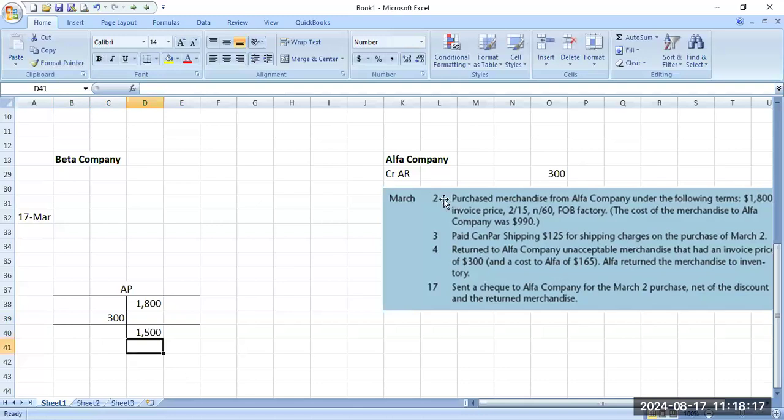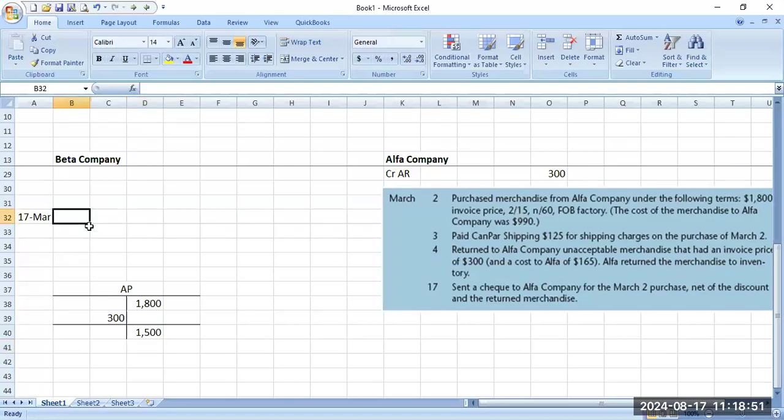Now we made the purchase on March 2nd, and we can take 2% as a purchase discount if we pay within the 15 days. Is March 17 within the 15 days from the purchase? Looks like it. So can we take 2% of the outstanding accounts payable? Yes, we can. So do we have to pay $1,500? Absolutely not. But we're going to close those $1,500.